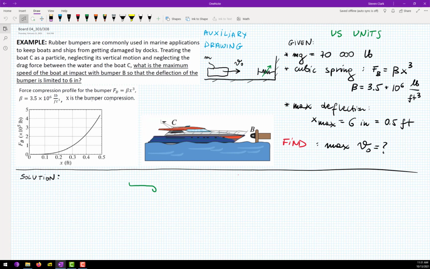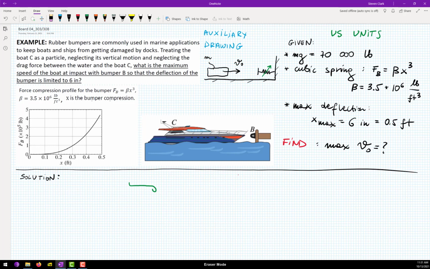All right, so what do we have in here? As a heads up, the solution will be exactly the same as last time. Exactly the same solution steps. The differences: in here we will not use SI units, we'll use US units. And maybe for the first time, you will see a cubic spring.